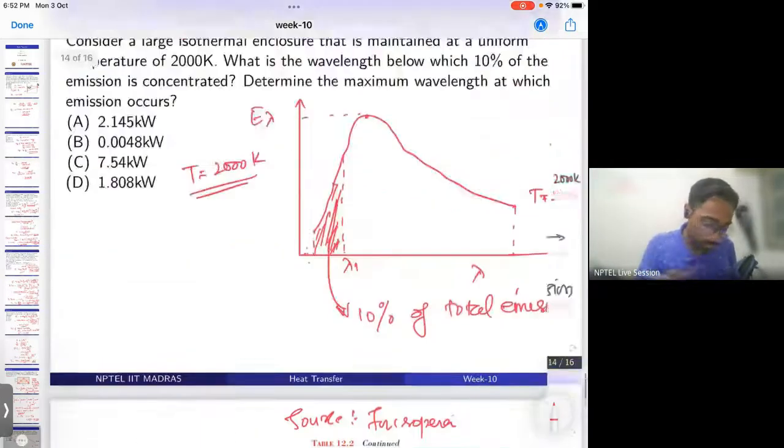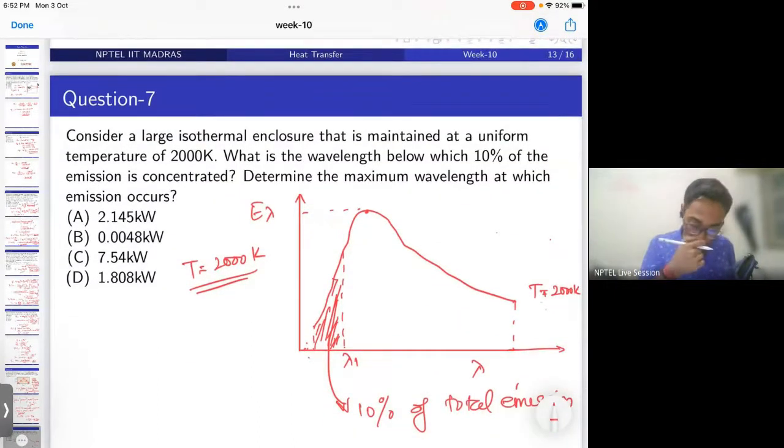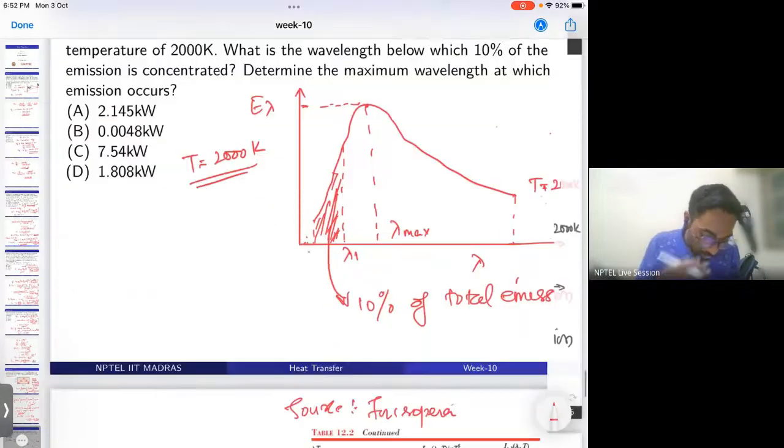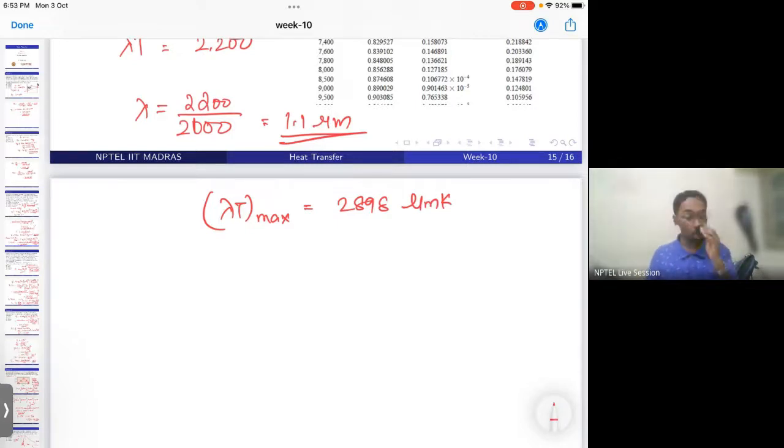So the first part of the question is over. In the next part, we are asked to find the maximum wavelength at which the emission occurs. So this is the maximum emission. Lambda max we have to find out. We know lambda T max is equal to 2898, a standard definition known as Wien's displacement law.